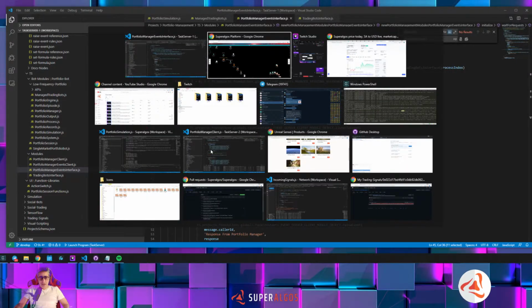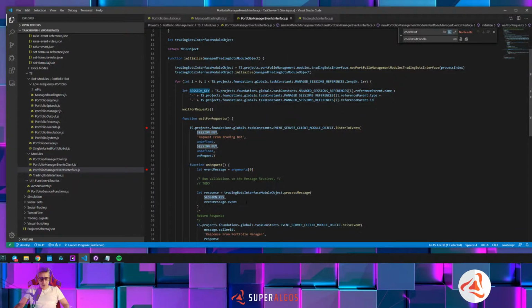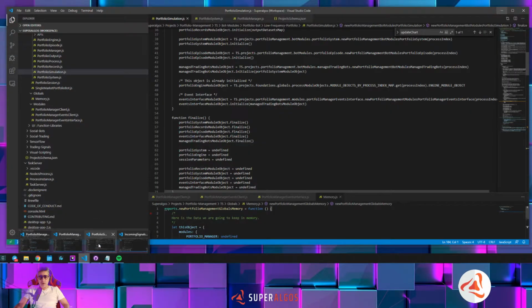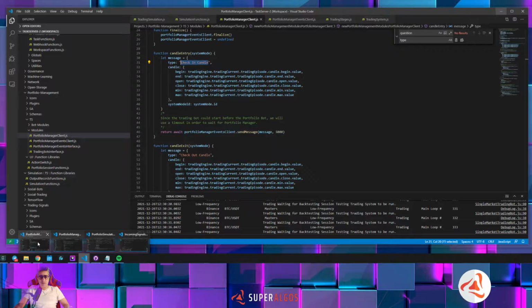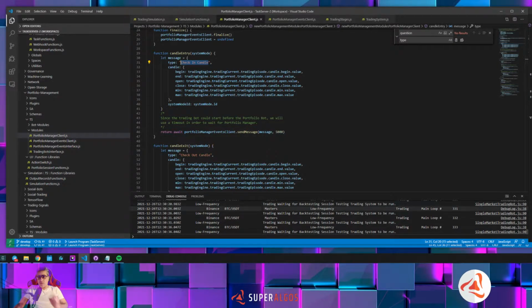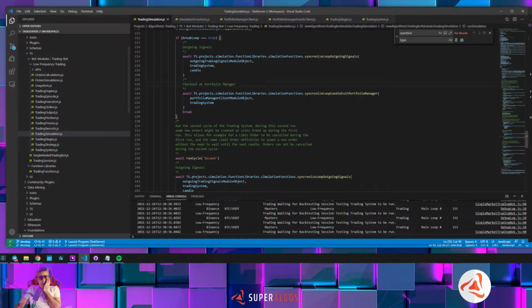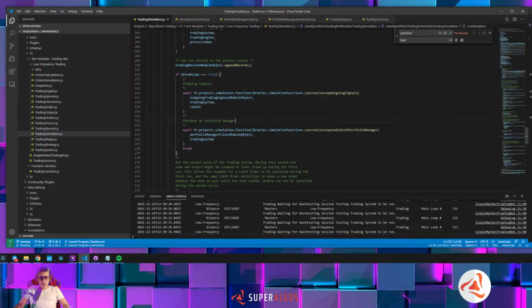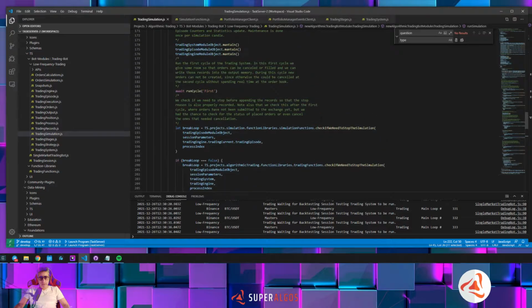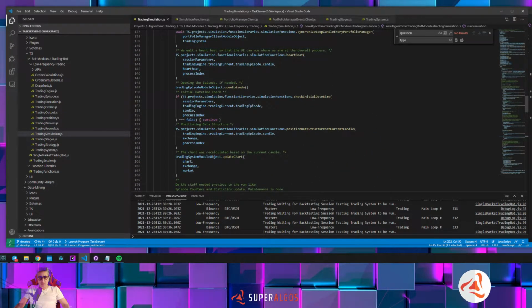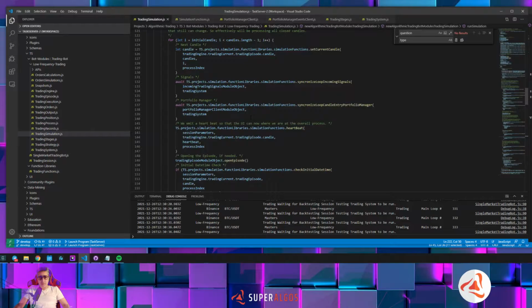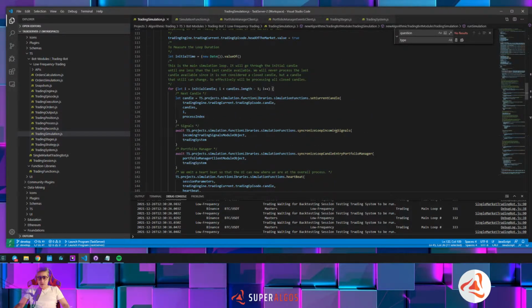On the side of the trading bot, you're looking for task number 2, this one. What we will need here is also the simulation. At the simulation, we are going to synchronize with portfolio manager, synchronize loop.